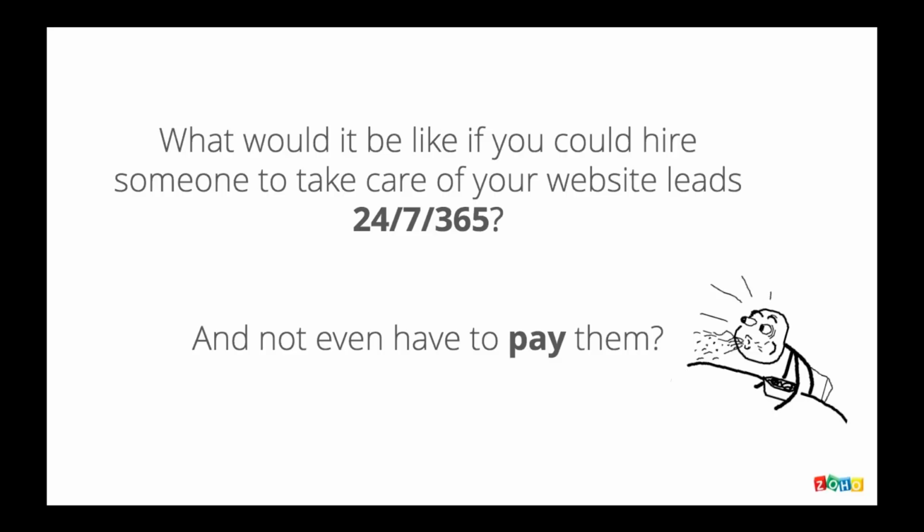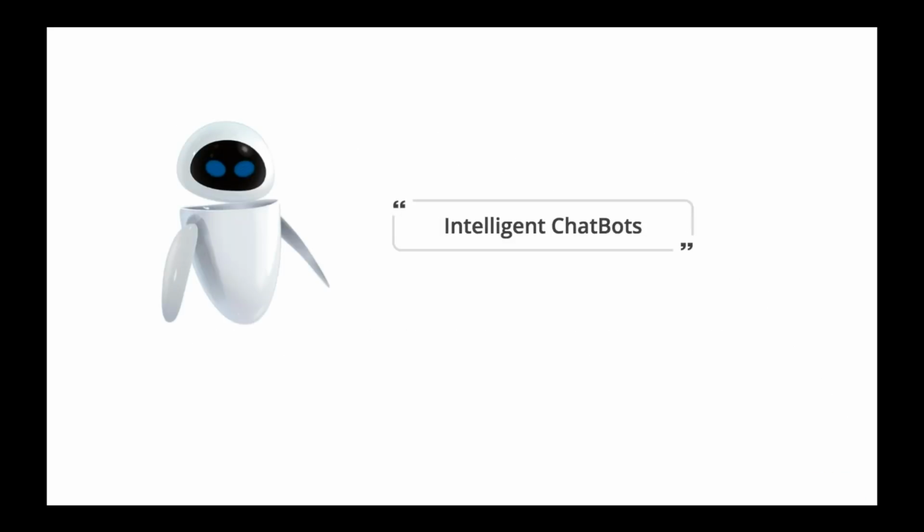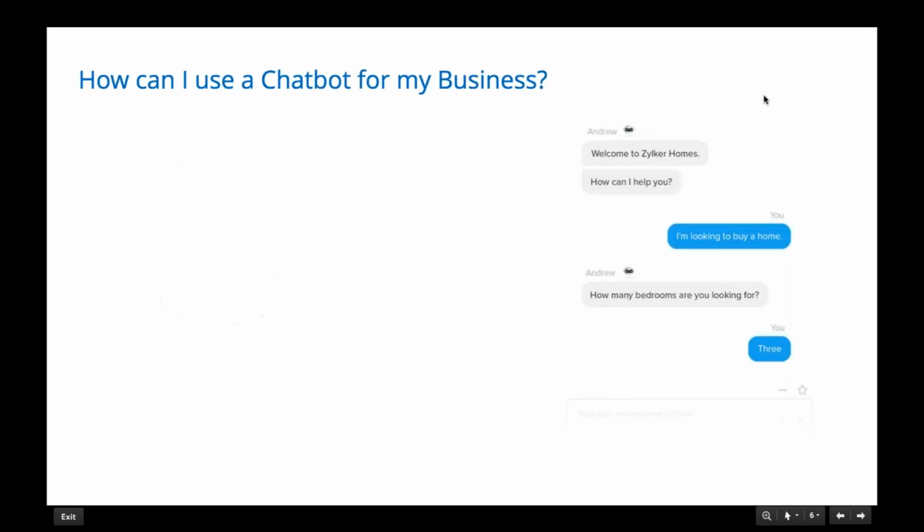So how exactly can such a chatbot be used for your business? The majority of the questions that you get on your website are repetitive in nature and so can be easily automated.